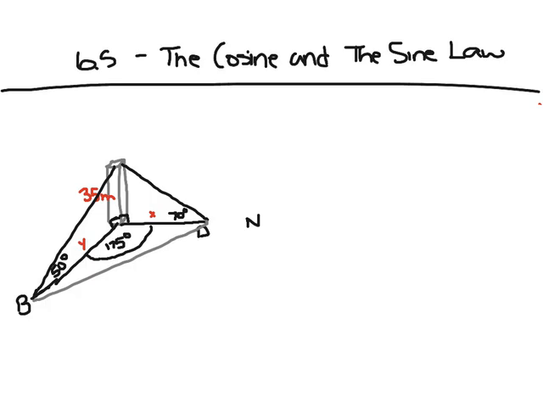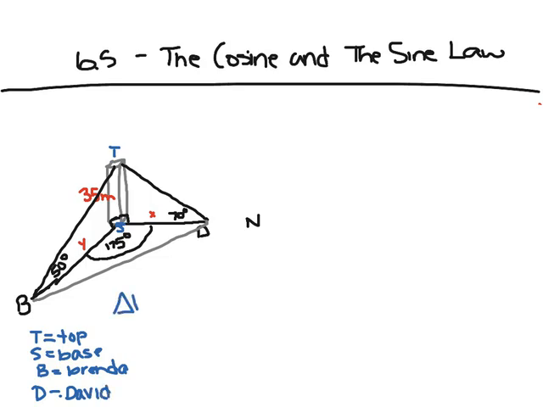Let's call the bottom of the tower S, and the top of the tower T. So we have T equals top, S equals base, so the base of the tower, B equals Brenda, D equals David. So in triangle BSD, we want to find the length of BD.